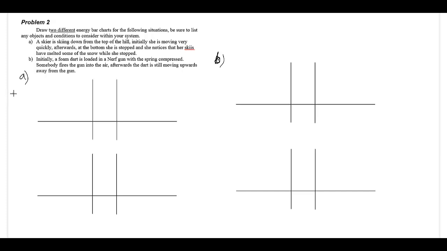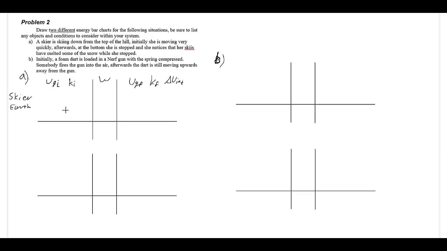Let's pick the skier, the earth, and that's it. Just the skier and the earth. If our system is the skier and the earth, then we should really only have gravitational and kinetic for this one. I'm going to throw delta U internal in there also.